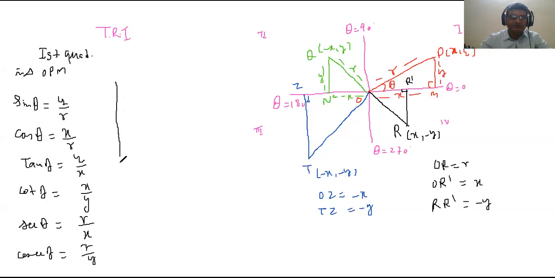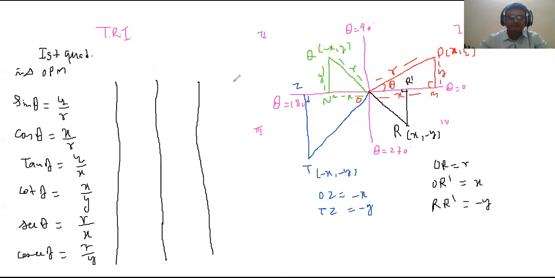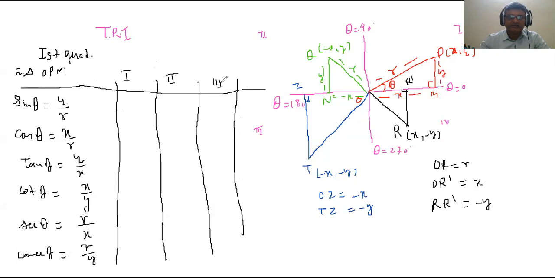So what we are going to do is make a table. Just watch this. This is the first quadrant, this is the second quadrant, this is the third quadrant, and this is the fourth quadrant.